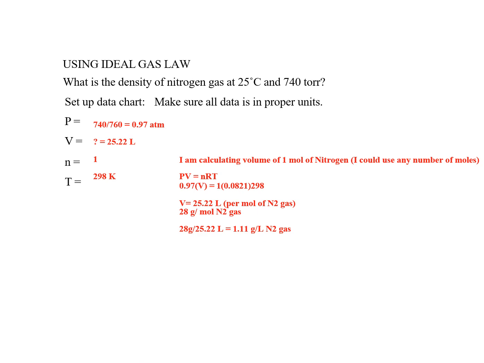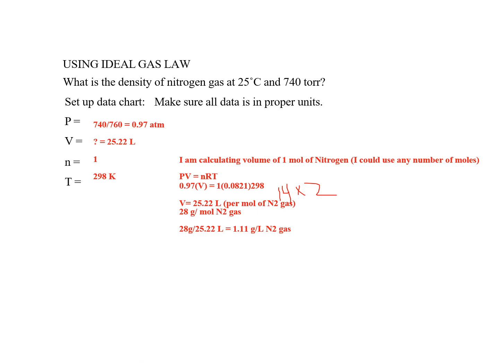25.22 liters per mole of nitrogen gas. I go to the periodic table and I find nitrogen is almost 14 grams per mole, multiplied by 2 is 28 grams. I divide this one by this one, and I get the density.